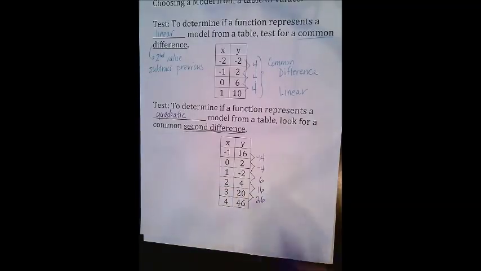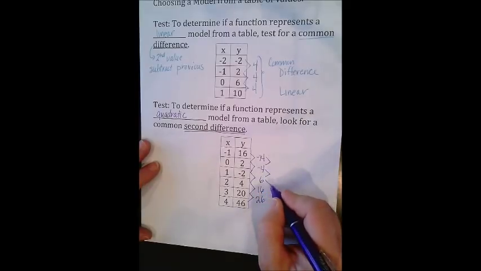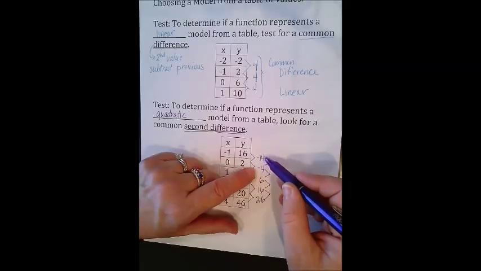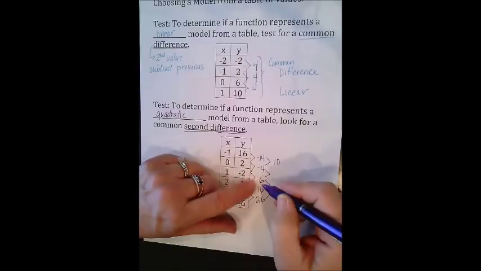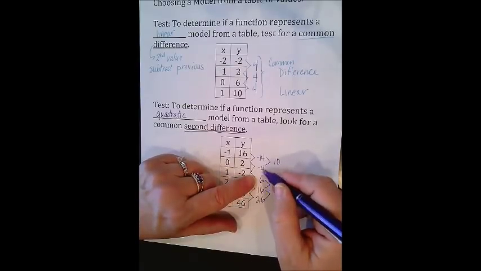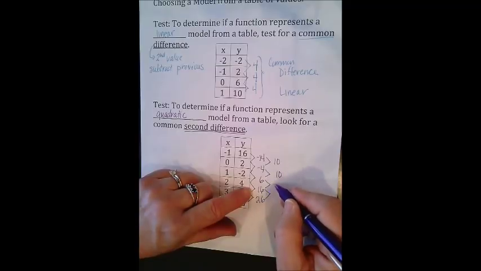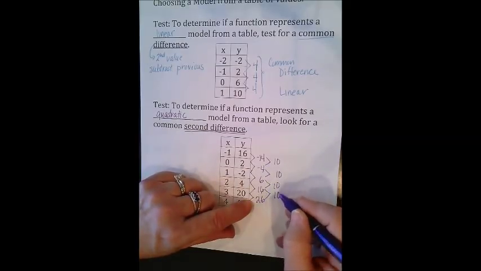So I'm going to see if I have a common second difference. And all that means is I'm going to do the same thing one more time with these values. Negative 4 minus a negative 14 is negative 4 plus 14, which is 10. 6 minus a negative 4 is 6 plus 4, which is 10. 16 minus 6 is 10. And 26 minus 16 is 10.